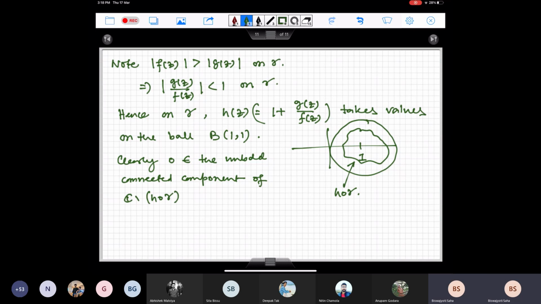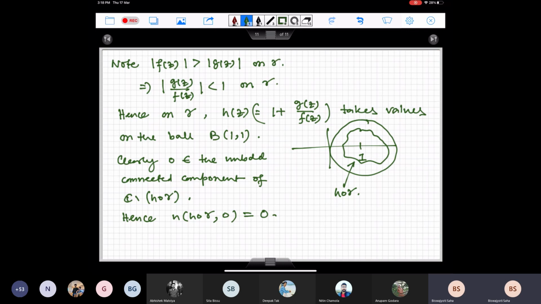So it's clear from this picture that if you think of the connected components of C minus h composed gamma, then 0 belongs to the unbounded connected component, and hence what can I say about the winding number of h composed gamma around 0?